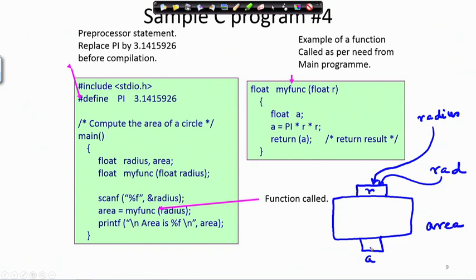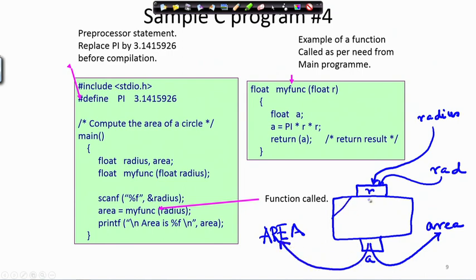So, this output A will connect to area. Now, recall that in C small and capital make a difference. So, this is a different variable, and for you this A will connect over here.